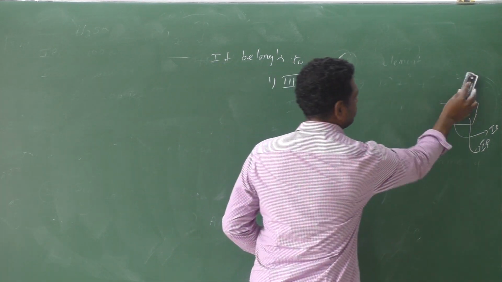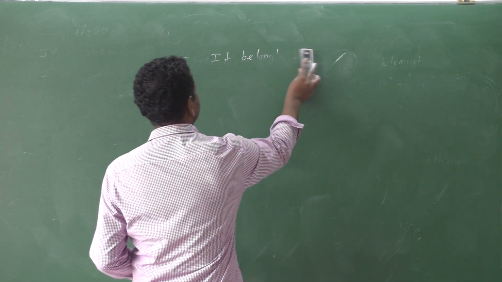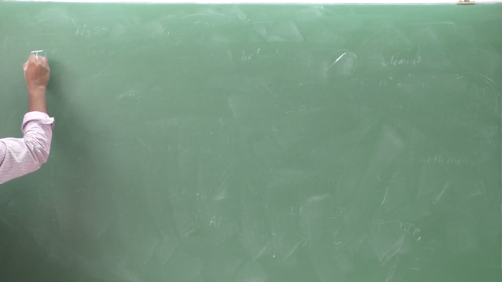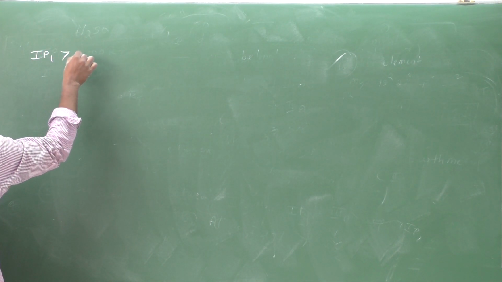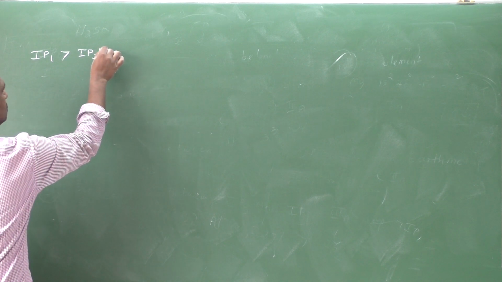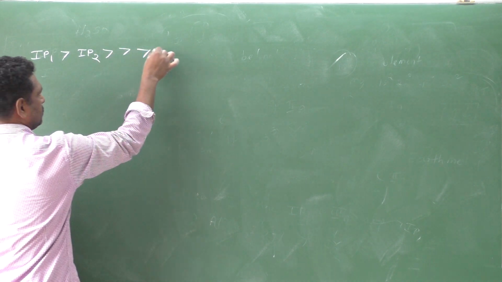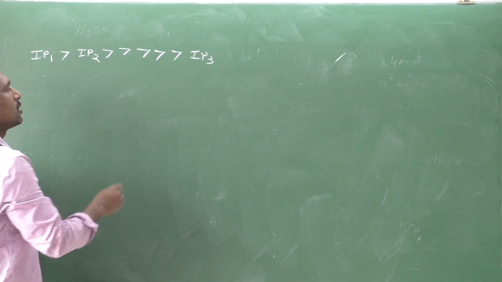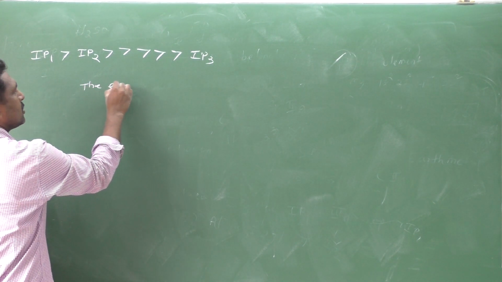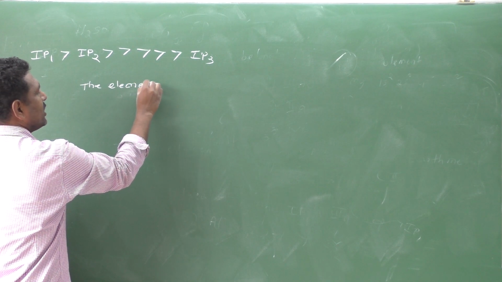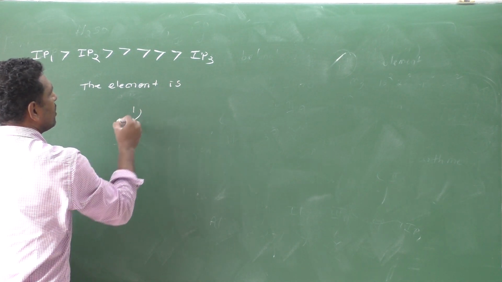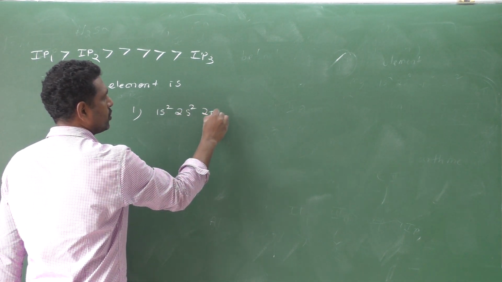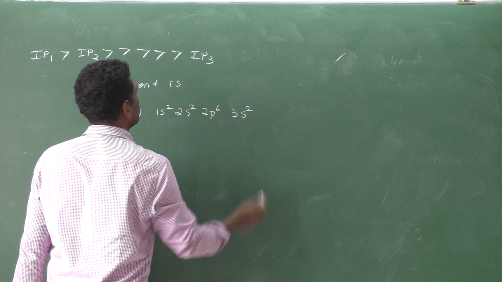Same type of question. So, IP1, IP2, IP3. The element is: first one 1s2, 2s2, 2p6, 3s2.